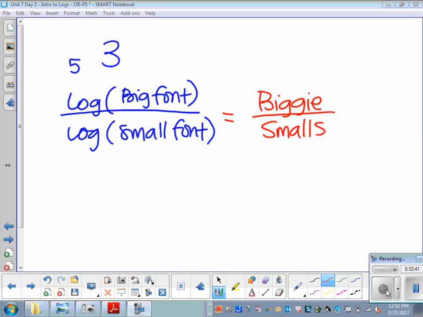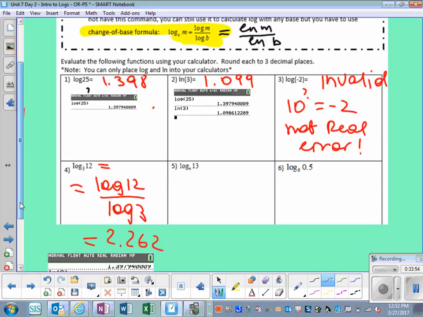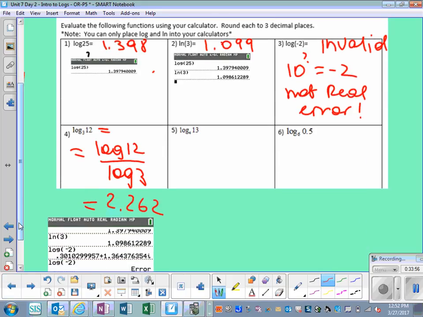Biggie Smalls, when you go to evaluate, is log of the big font divided by log of the small font, okay? Log or natural log, right? So if it helps you to remember, when you put it into the calculator, please don't get these wrong. You see how 1, 2, and 3 didn't have a smalls, so you could put them straight into the calculator.